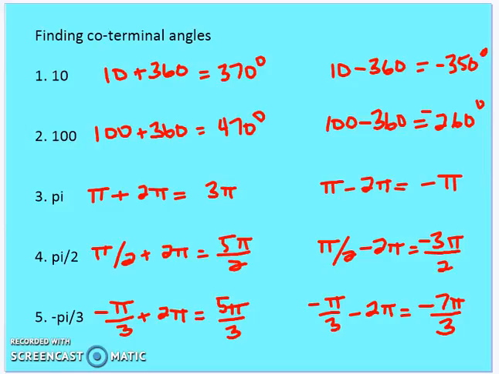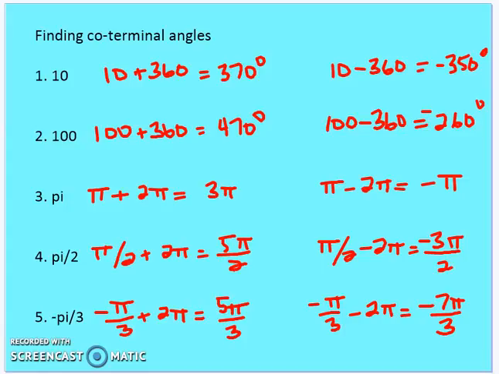Third example, pi plus 2 pi leaves me with 3 pi for the positive coterminal angle, and then for the negative, pi minus 2 pi leaves me with negative pi for the smallest coterminal negative angle.